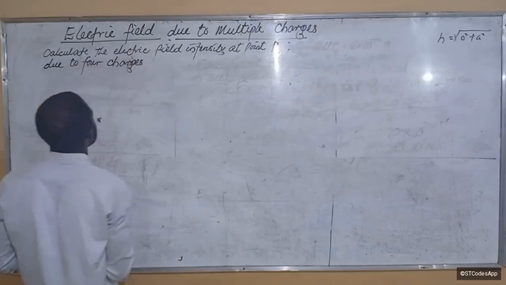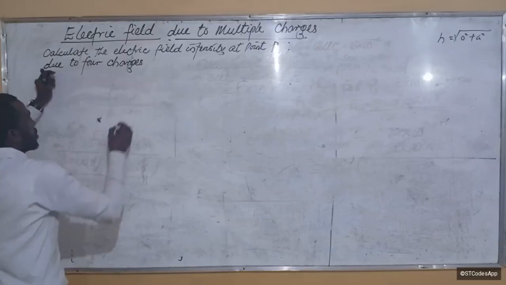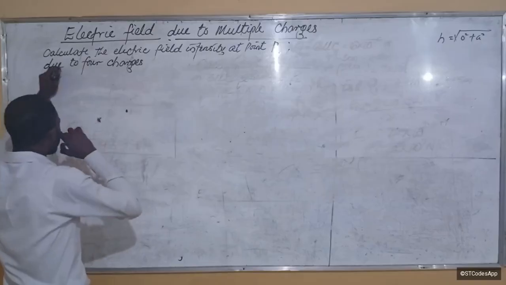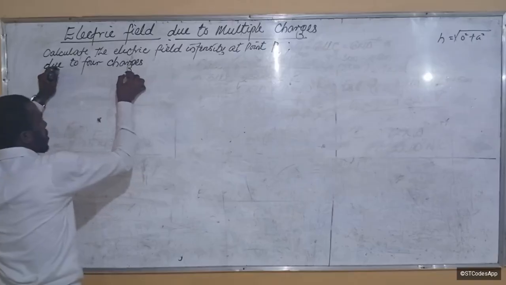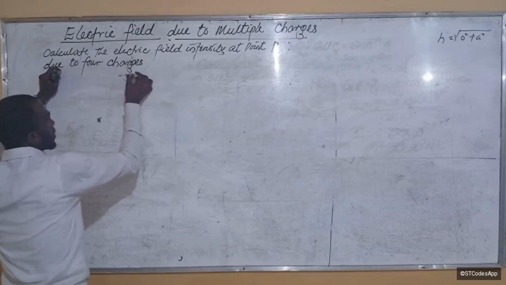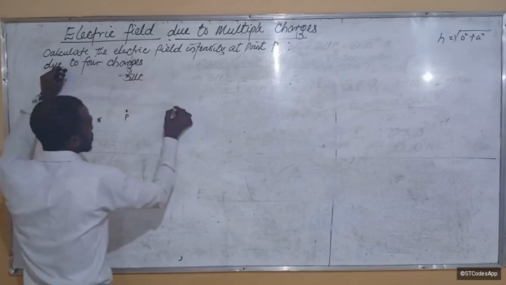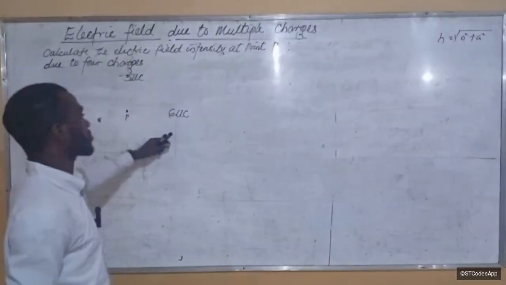Four charges. What are the 4 charges? Let's say there's a point P here. Let's call this point P. There's a charge minus 3 micro. Now let's put 3 microcoulomb here. Let's put 6 microcoulomb here. It can act at an angle, okay?